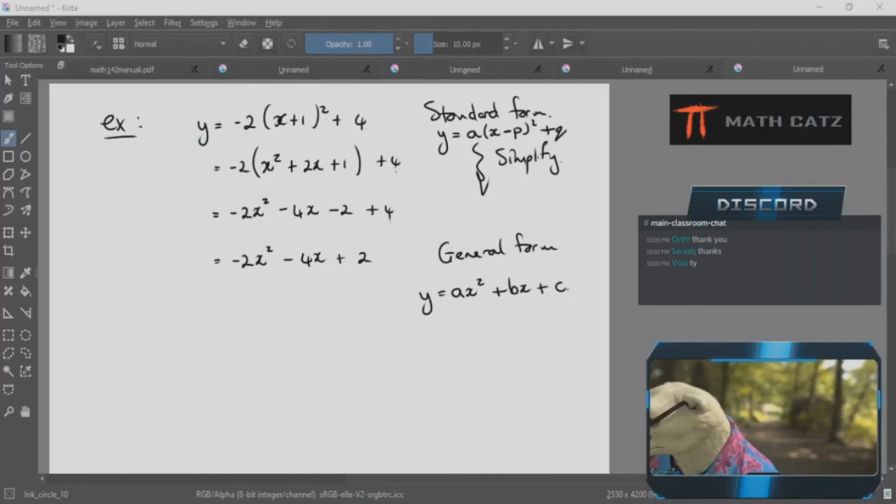So I have different forms. So the standard form is certainly super nice because I see the vertex coordinates. The a is telling me how the basic quadratic parabola shape changed. Did it flip? Did it stretch? So it's all right there. In the general form, not so much.